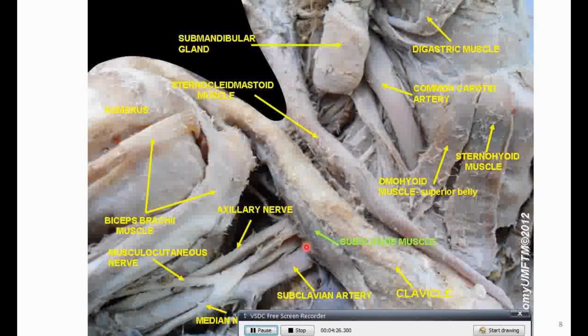Cut through the anterior layer of clavipectoral fascia immediately inferior to and parallel with the clavicle to expose subclavius muscle. Clavicle, median nerve, musculocutaneous nerve, axillary nerve, subclavian artery.